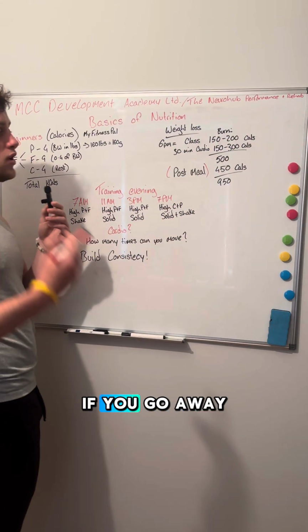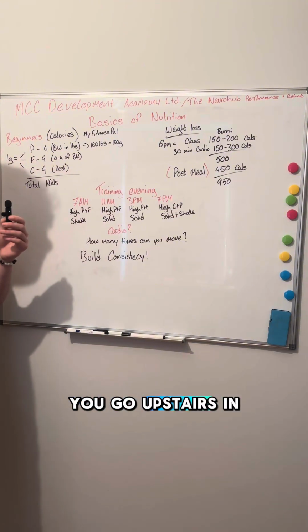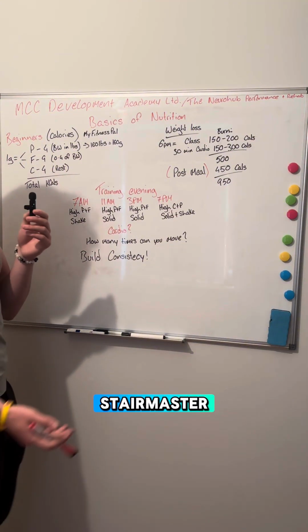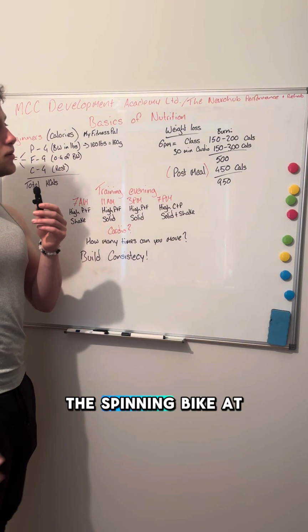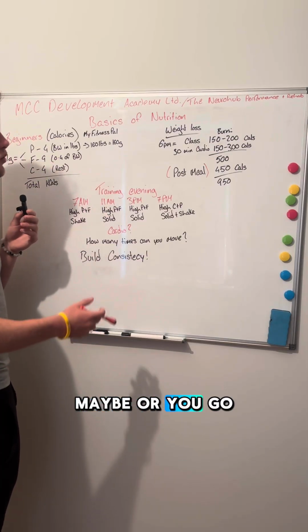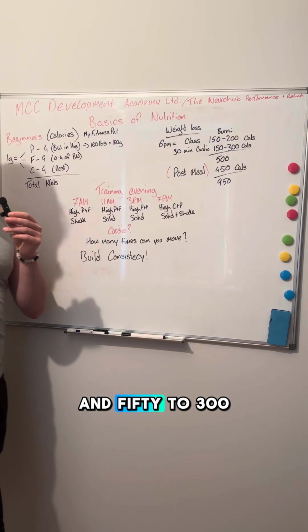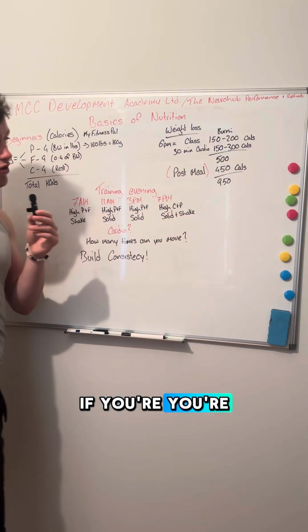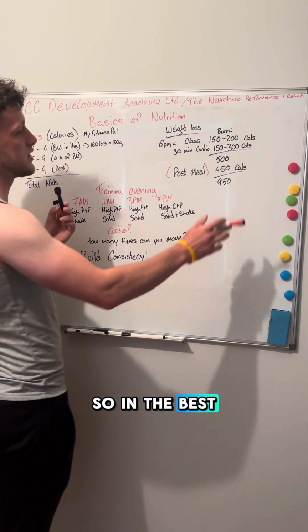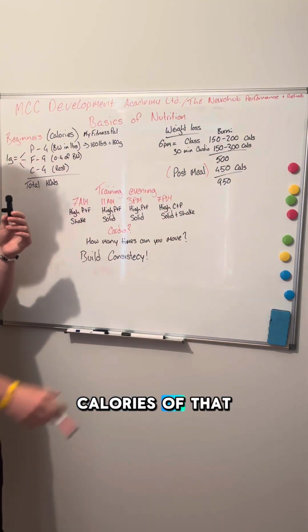If you go upstairs in the gym and jump on the Stairmaster, or jump on the spinning bike at home, or you go for a run, the aim is to maybe burn another 150 to 300 calories if you're really working hard. So in the best case scenario, we're burning 500 calories that day.